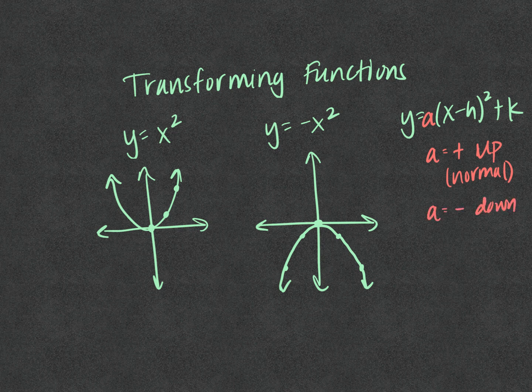Now, it's easy to see down when we talk about this parabola here, but it means reflected across the x-axis. So that means it's going to flip over the x-axis, that mirror quality. So if I had, let's look at the next one.